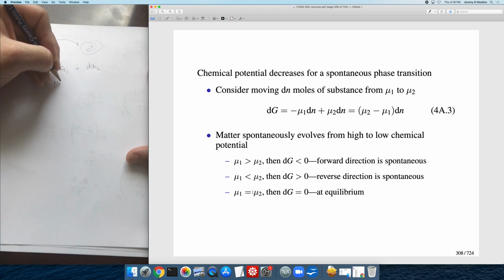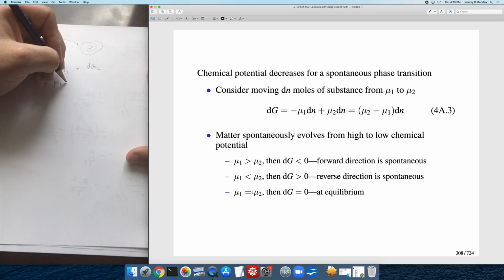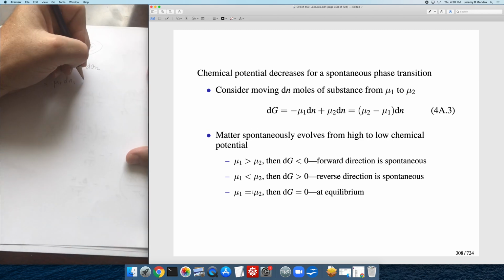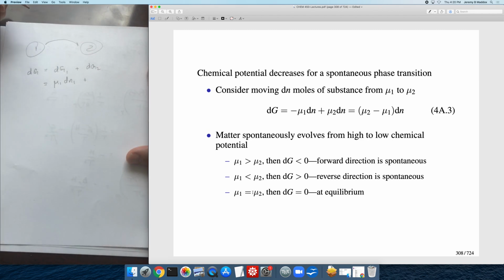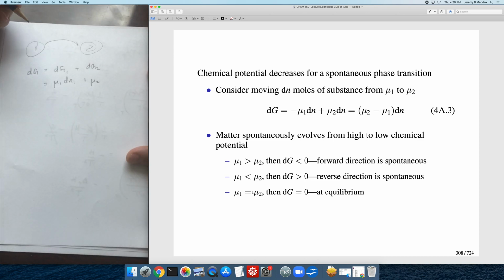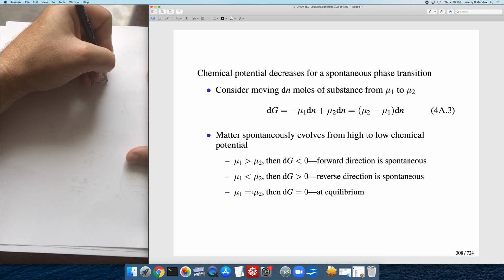we've got some chemical potential, mu1. This is the molar Gibbs energy for phase 1. And then the number of moles of phase 1 is going to change by some amount dN1. And the chemical potential for phase 2 is mu2. And then the number of moles of phase 2 is going to change as well.